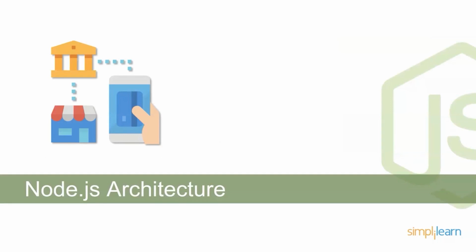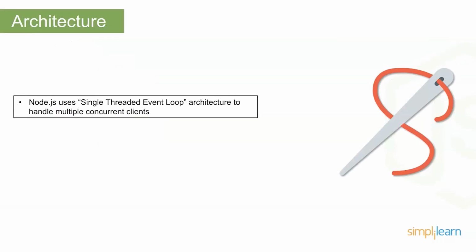So let's talk about the Node.js architecture and understand why it's so good. So to begin with, Node.js has what's called a single-threaded event loop architecture, and this allows you to be able to handle many concurrent clients at the same time. It's just a very flexible way of being able to scale up your support for many clients.